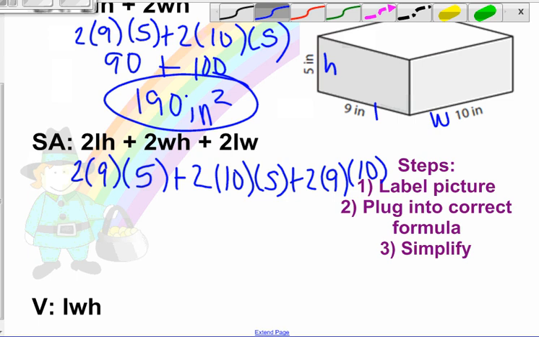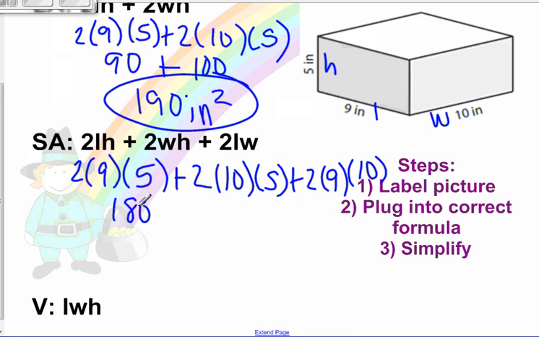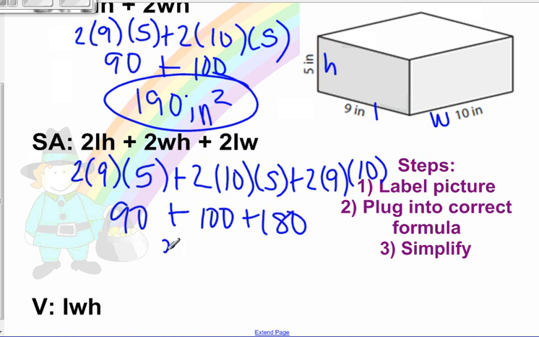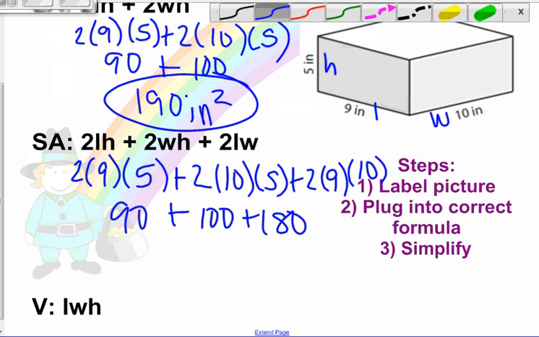Okay, so here we're going to get 90 plus 100 plus 180, and that's going to give us a total of 370 inches squared. 370 inches squared.